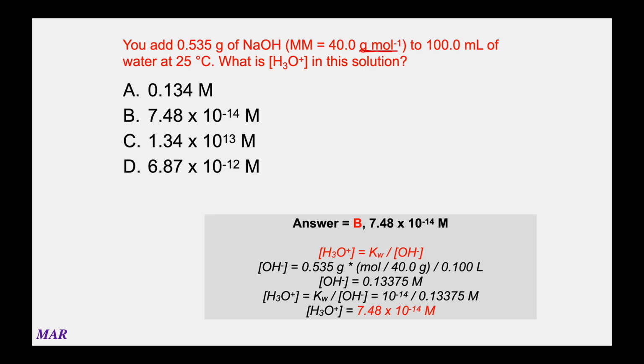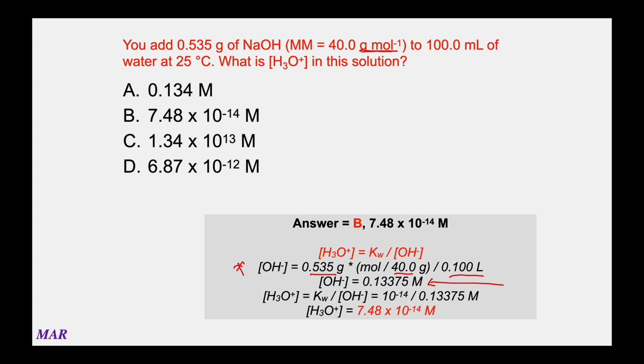14th. Here's the way that I calculated hydroxide: 0.535 grams divided by the 40 grams per mole. 1,000 milliliters per liter means that 100 milliliters would be 0.100 liters. So the concentration there, to way too many sig figs, but that's not what we're stopping at, is that number.